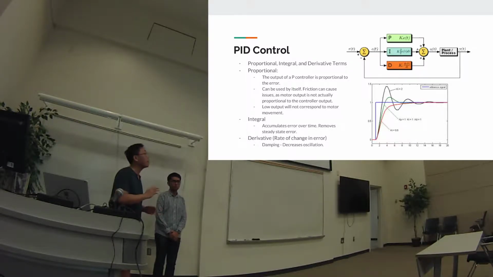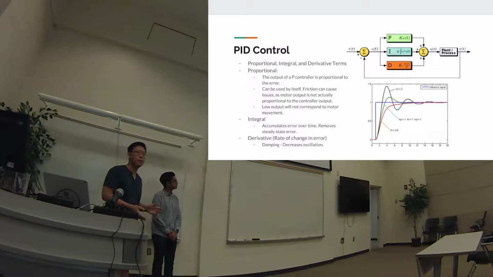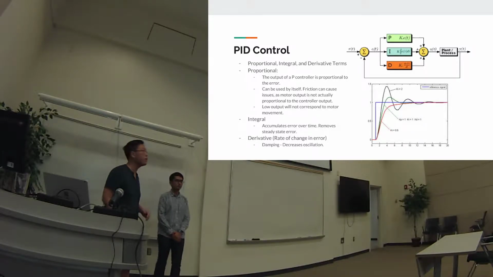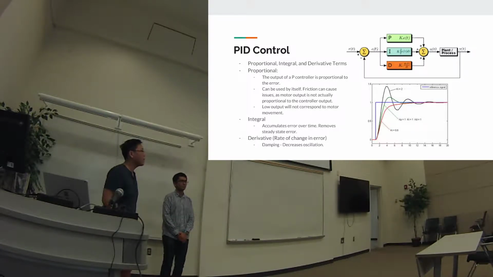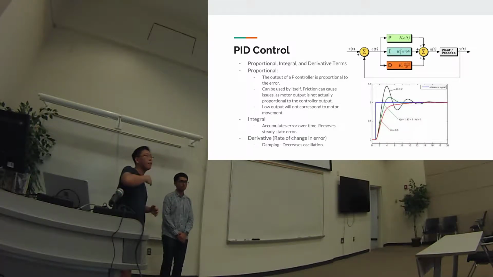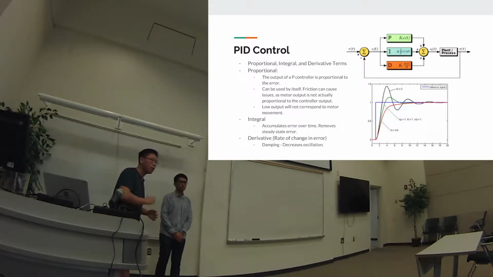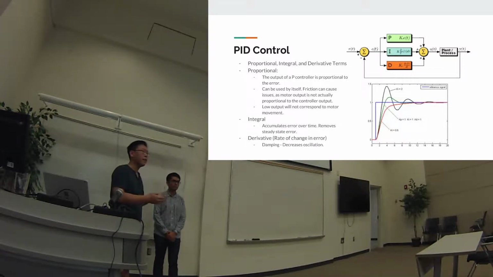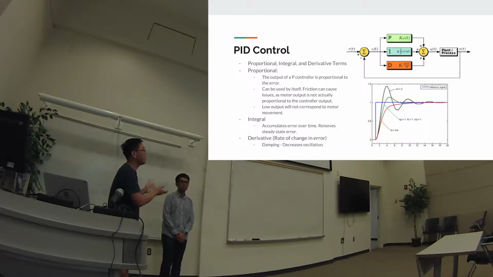With the P term, you can actually use that just by itself, as a proportional controller or P controller. What that does is, with the bang bang controller, if you go over your set point, you go 100% back. If you're under, then you go 100% forward. What P does is exactly what it sounds like. It's proportional.